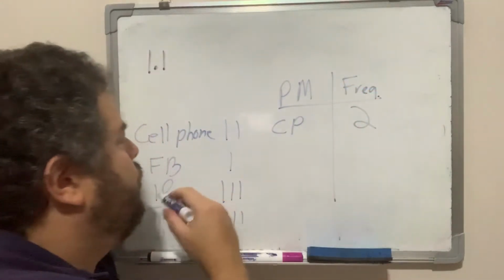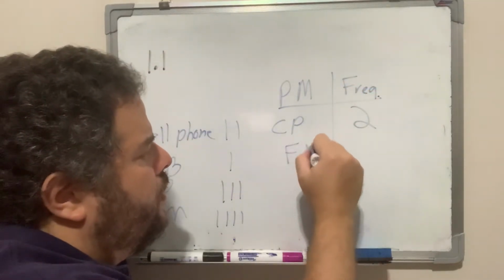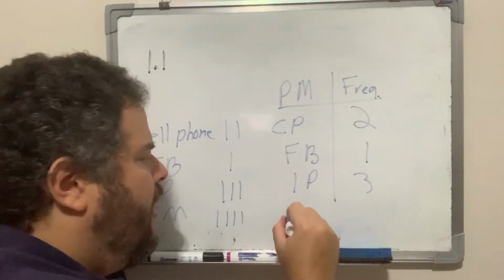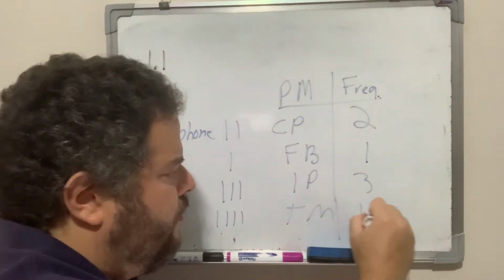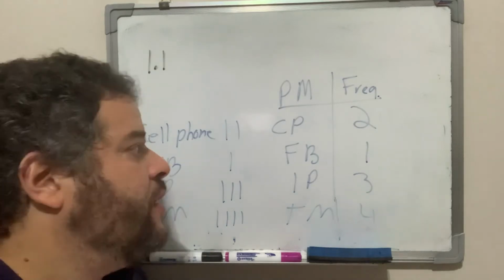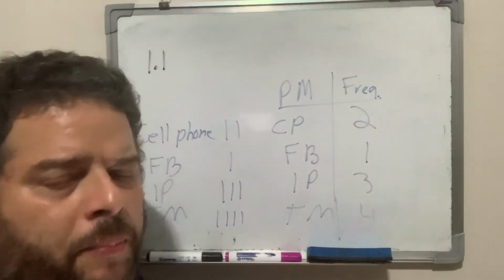Cell phone, 2. Facebook, 1. In person, 3. And text messages, 4. Pretty straightforward. Just count how many people qualify for each category and put the number right there.